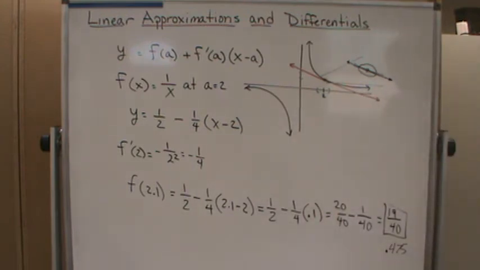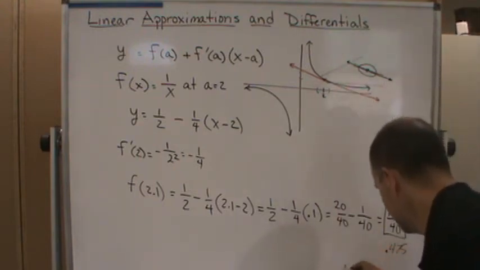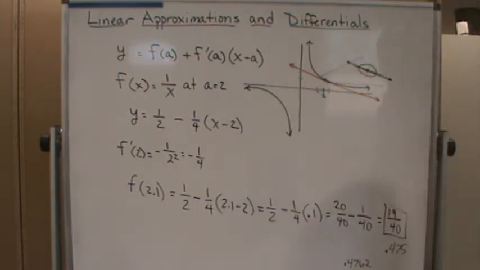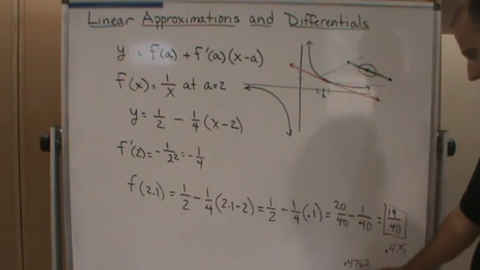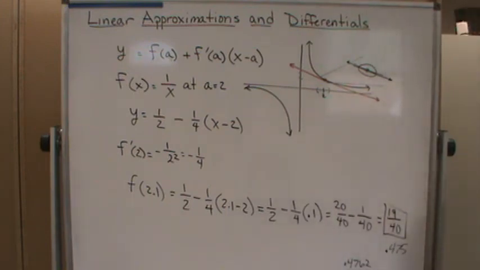Well, we could just use the reciprocal, so that'd be 1 divided by 2.1, and it's 0.4762. So it's accurate to the hundredths place. We don't see a difference until we get to the thousandths place, so it's off by approximately 1/1000th, which ain't bad. Okay, depends on how much accuracy we're shooting for.